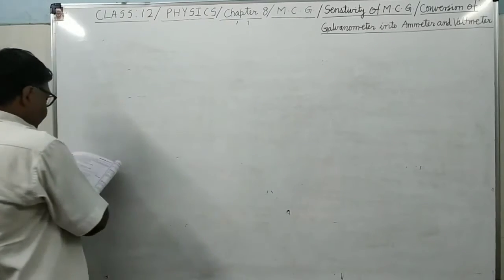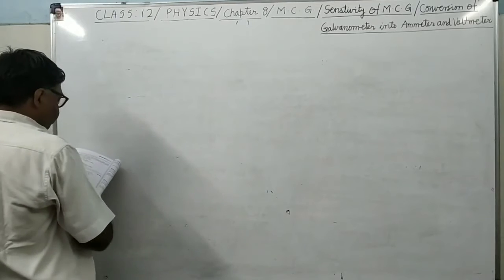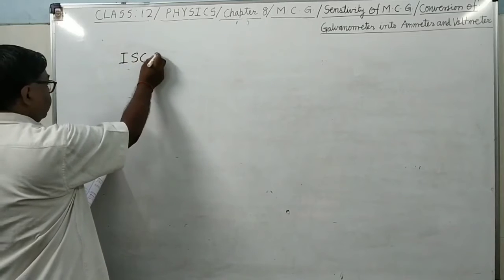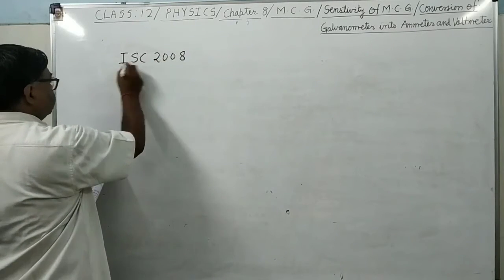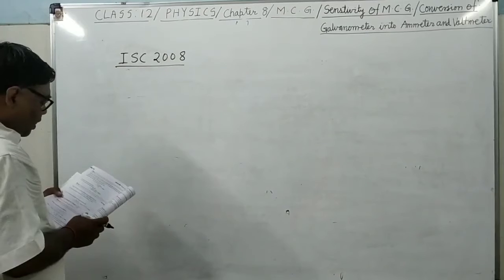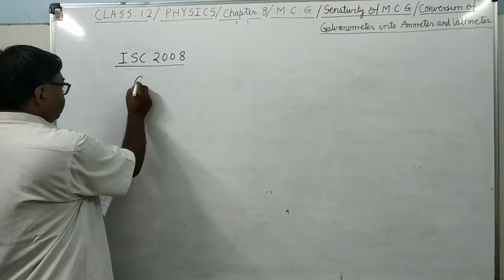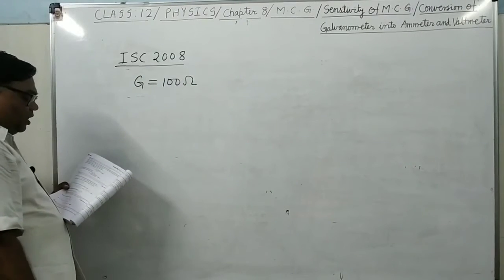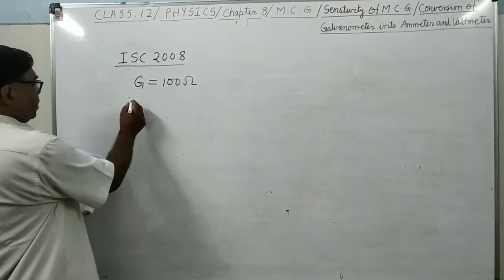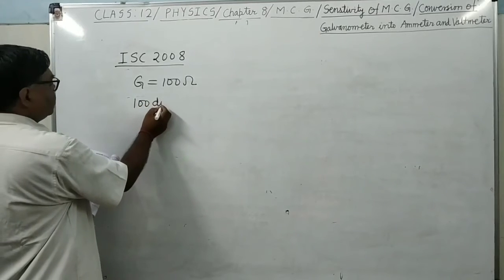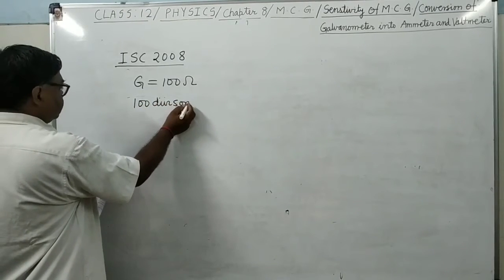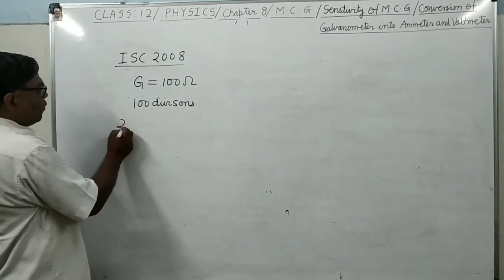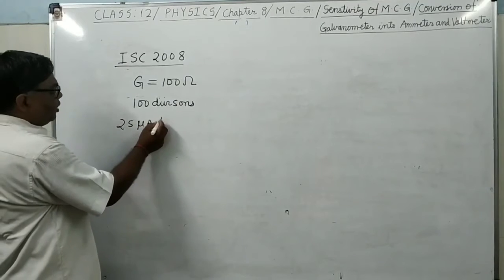Now see here, a galvanometer with a coil of resistance G equals 100 ohm and having 100 divisions has a current sensitivity of 25 microampere per division.